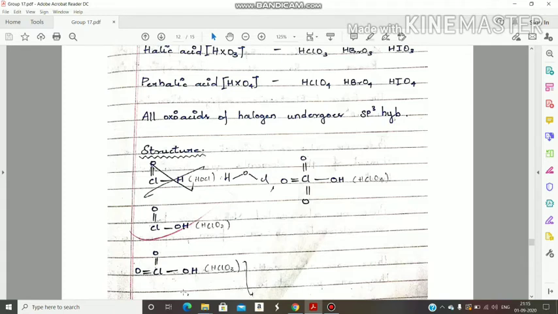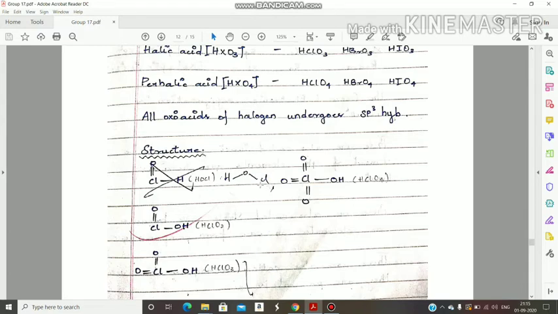In HClO3, the central atom is Cl, with double bonds and OH. First we put the double bond O, then the OH, then we write the remaining atoms. So that is the way to draw the structures of oxo acids. Next, one more important point is that sometimes they ask what is the oxidation state of chlorine in HOCl.